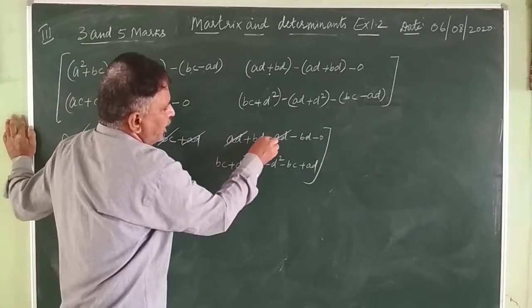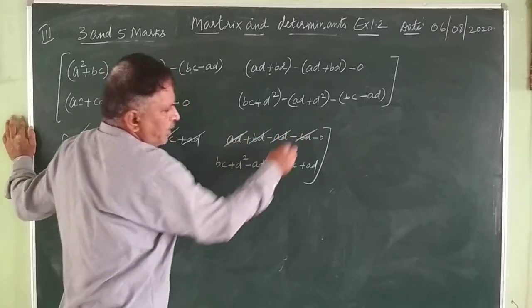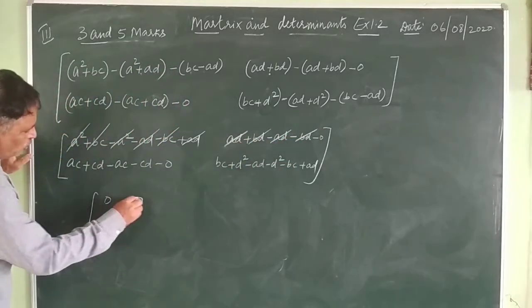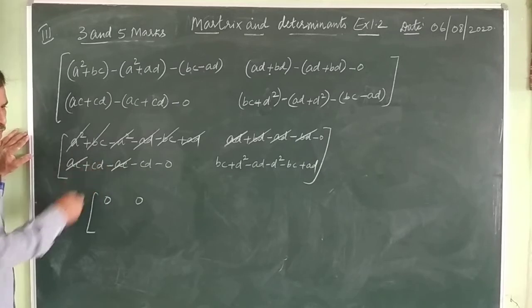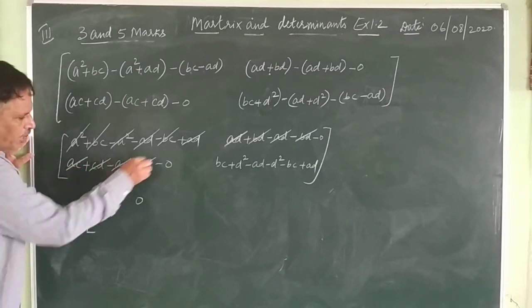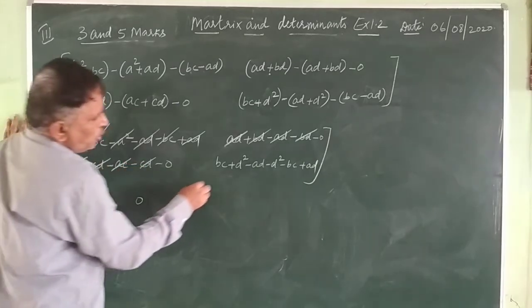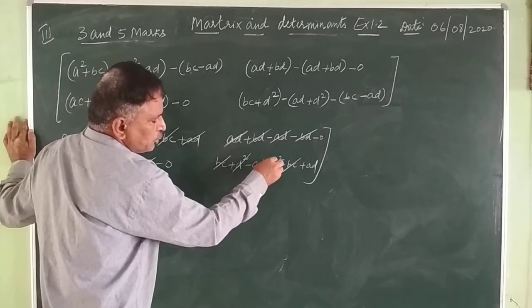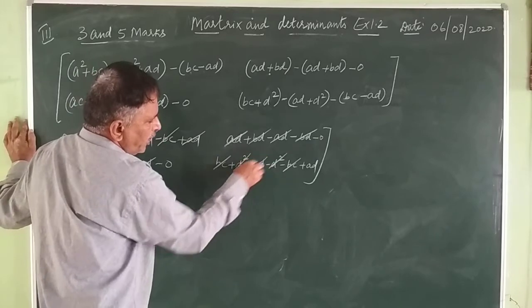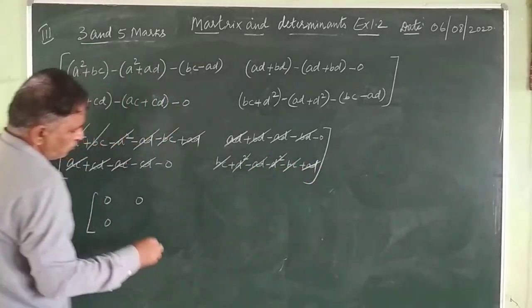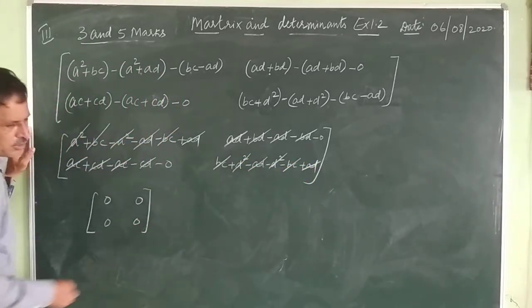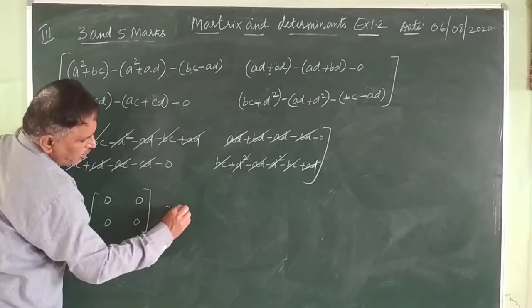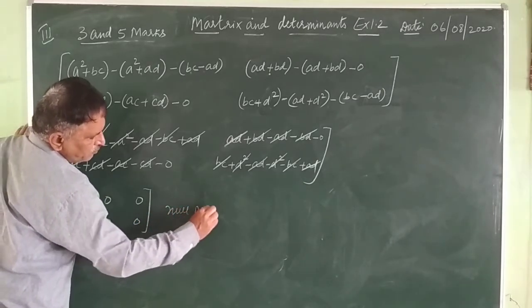Positive AB, negative AB, positive BD, negative BD, again you will get 0. Positive AC, negative AC, positive CD, negative CD will give you 0. So BC positive, BC negative. D square positive, D square negative. AD negative, AD positive will give you 0. Hence this is nothing but a null matrix.